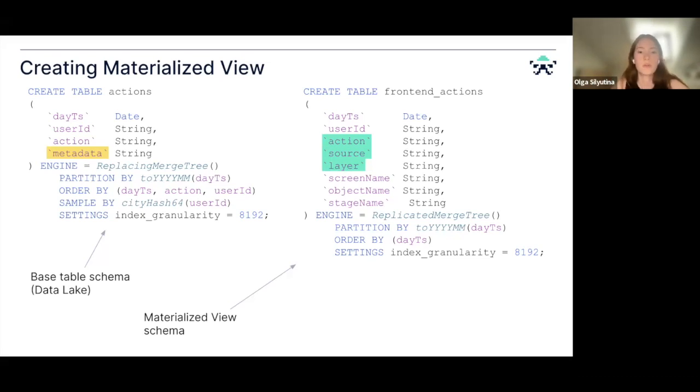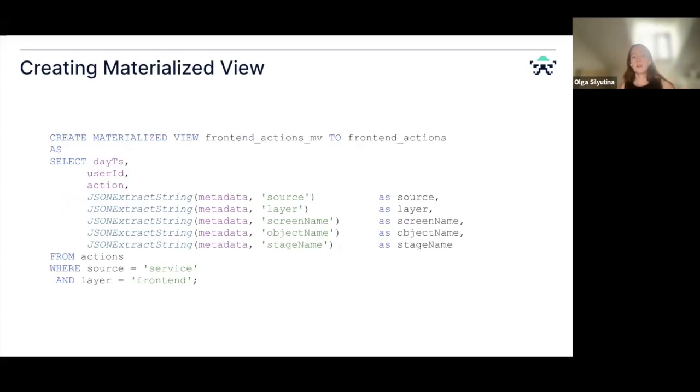And for the engine, you can use any that you would like, but here we use ReplacingMergeTree just to get rid of duplicates. And then when you have created the schema for the materialized view, you can create the materialized view itself with the select query, just a simple select query, a couple of words like create materialized view to frontend actions schema, and you have data in your brand new table.